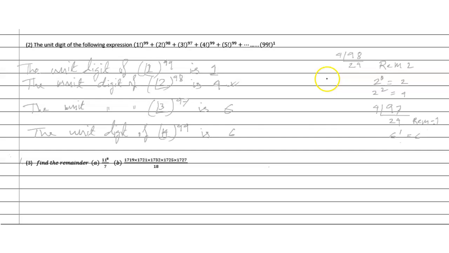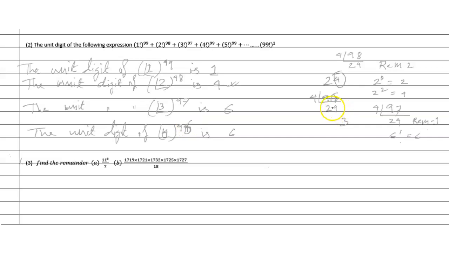How? Because 4 factorial means 24, last digit is 4, and another factor is 99 divided by 4 is 24 with remainder 3, so this is not 99, this is 96.